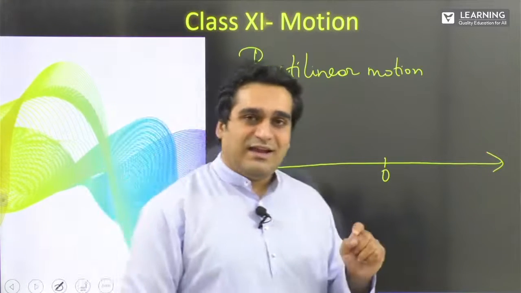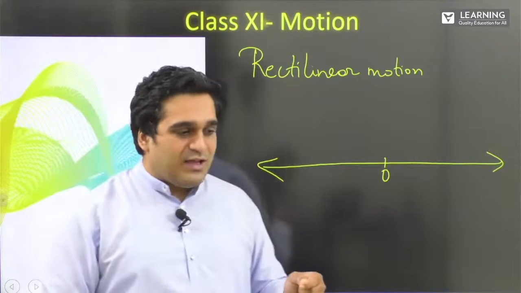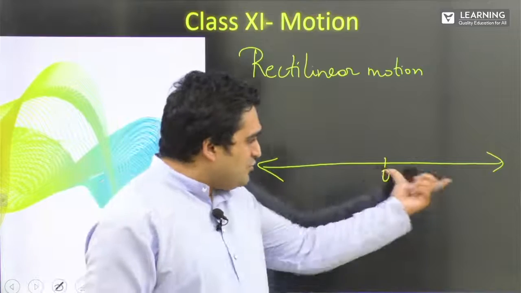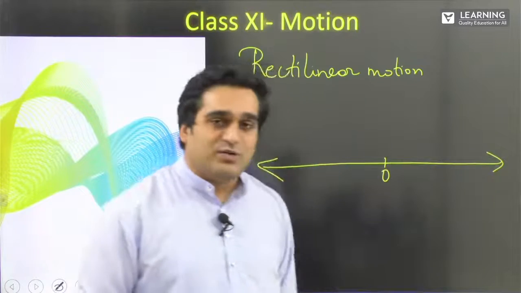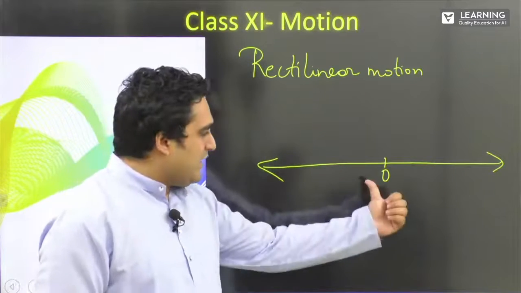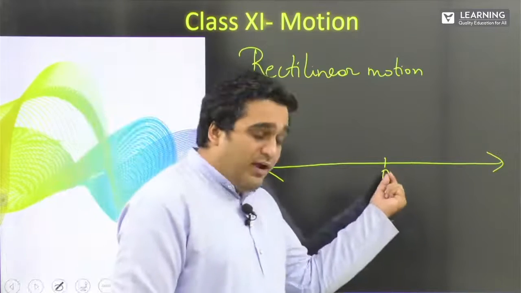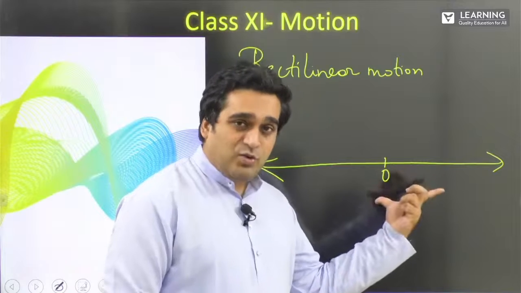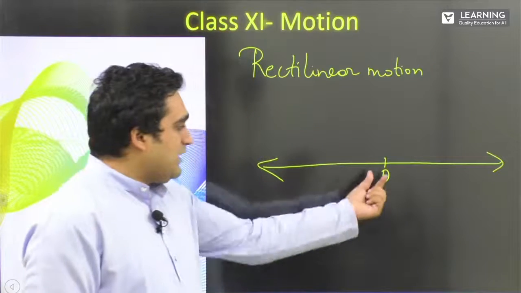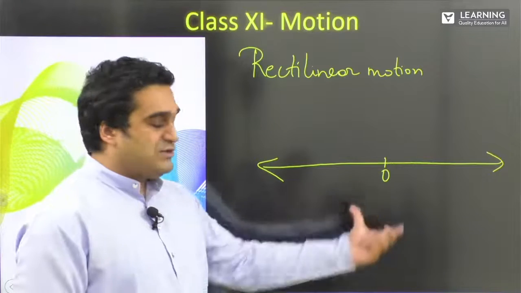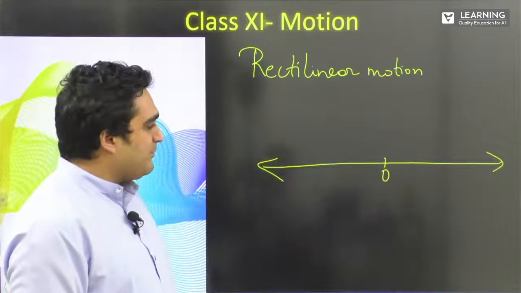A ray is a line that starts from a source and extends towards infinity. You have two sets of rays, one which is extended towards your right hand side, the other which is extended towards the left hand side. The point where they extend outwards, opposite to each other, is called the origin or the zero line or the zero location or 0 point.